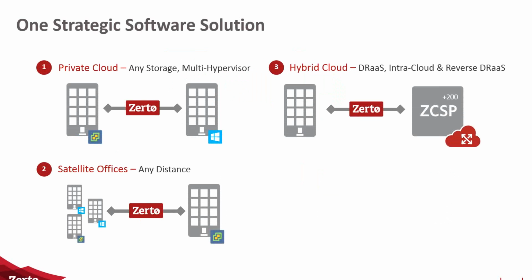And we have hybrid cloud providers who also use Zerto for intra-cloud, so you can move your VMs to a cloud provider, and then they will actually use Zerto to protect the virtual machines inside their data centers. Or we have some customers who move the virtual machines to a cloud provider and then do reverse DR as a service to ensure that they always have a copy of their data if and when required, so they can actually move out of the cloud provider if they wanted to change their target.